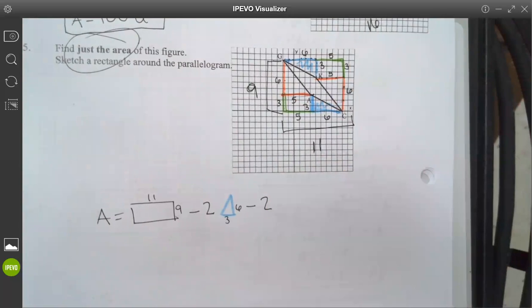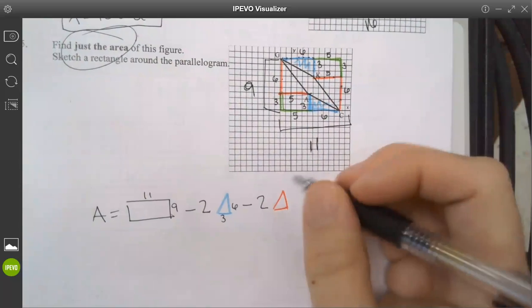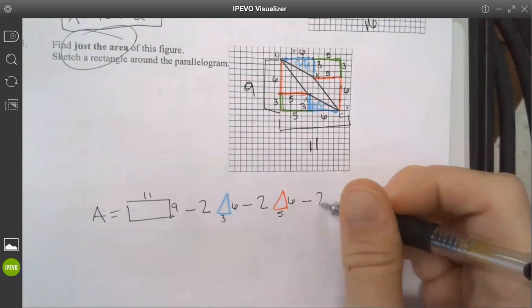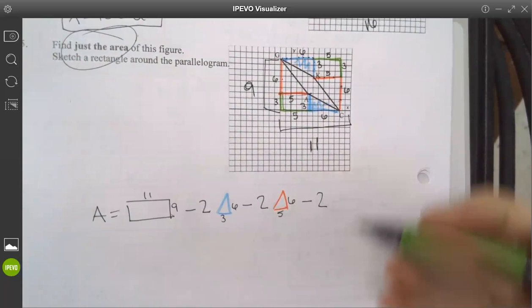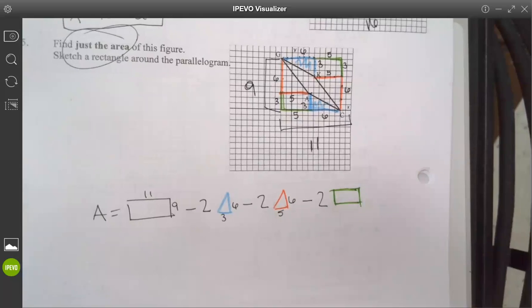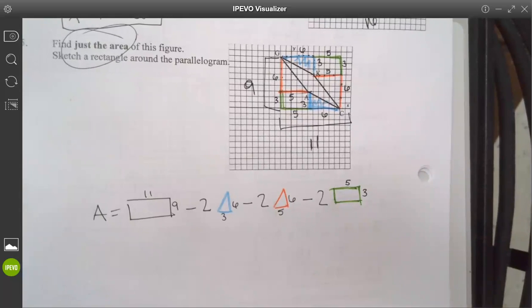And I have to subtract out the 2 red triangles that I have, which are 5 and 6. And I have to subtract the 2 smaller rectangles I had to add in that are 3 and 5. I have to subtract all those pieces I drew in to get that interior area.